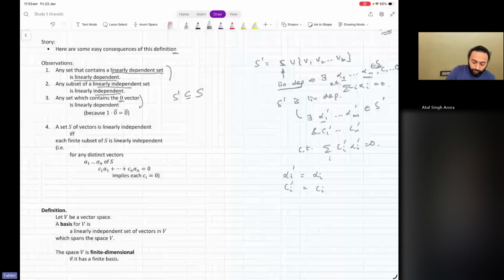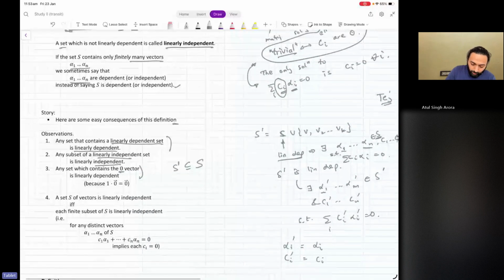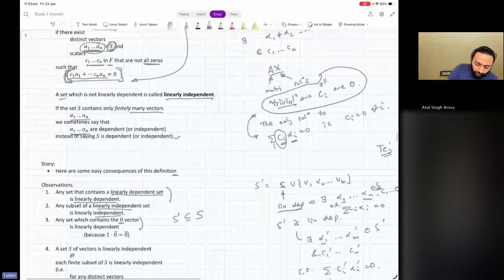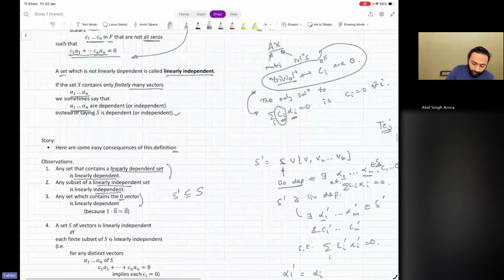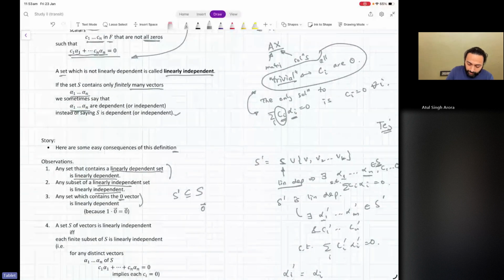Okay, so how do we see that? Remember, what is the condition for linear dependence? You have to find some non-zero C's and some sequence of vectors such that when you sum them, you get 0. If you have a 0 vector in the set, we know that any C times the 0 vector gives you a 0 vector.